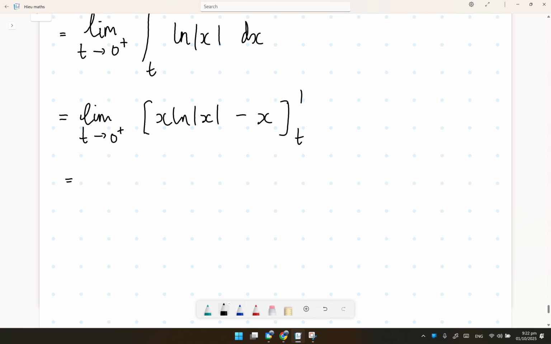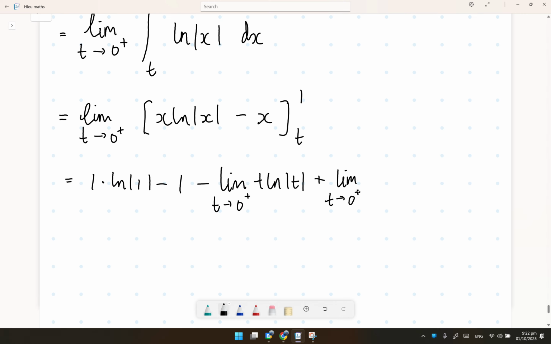And what you're going to end up with is something that looks like, let's do 1. So 1 multiplied by ln of 1 minus 1. Okay, now we're going to subtract it again with t in it. So minus the limit as t goes to 0 from the positive side of t ln t, and then plus the limit as t goes to 0 from the positive side of t.